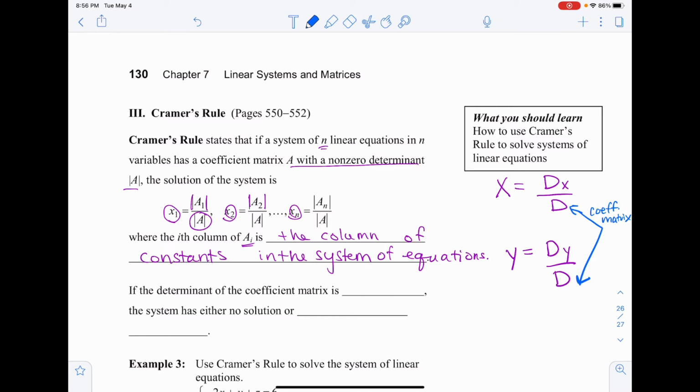If the determinant of the coefficient matrix is 0, then the system has either no solution or infinite solutions.